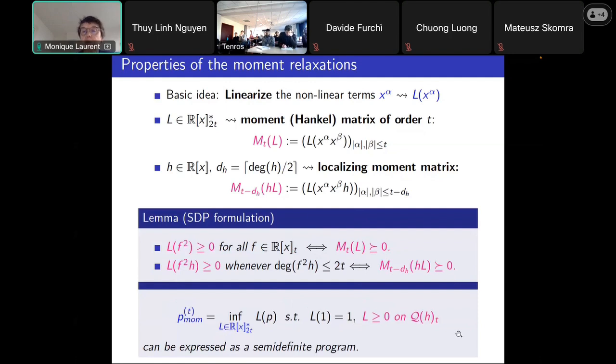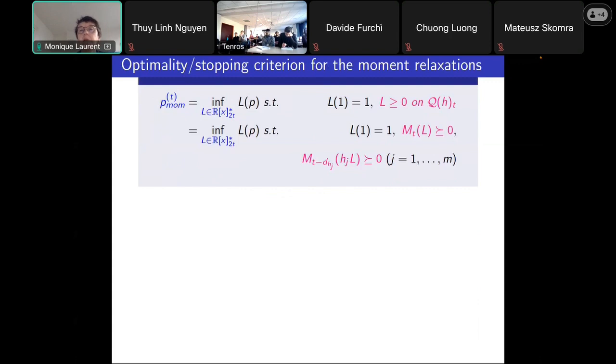So the moment bound can be expressed as a semi-definite program. I have just written here the moment bound rewritten in an explicit way as a semi-definite program, where the semi-definite matrices that should be positive semi-definite arise from the moment matrix of L.